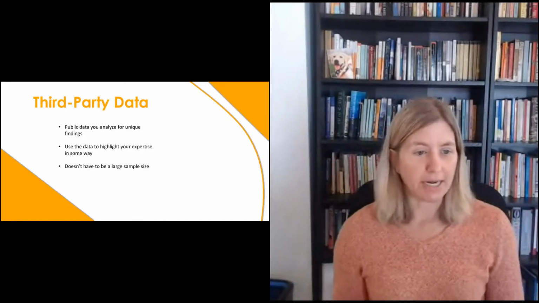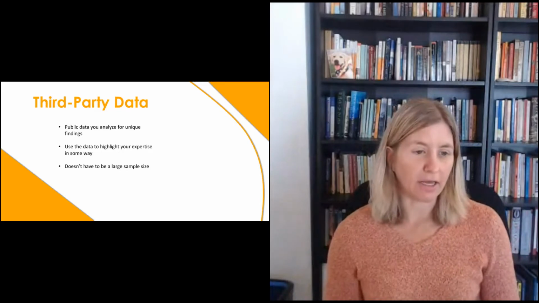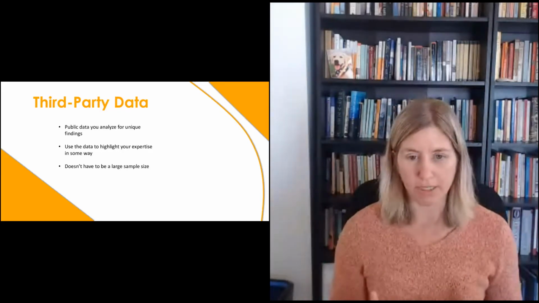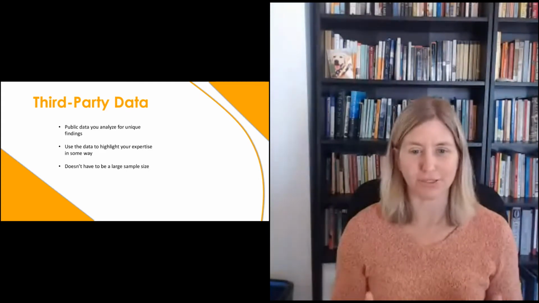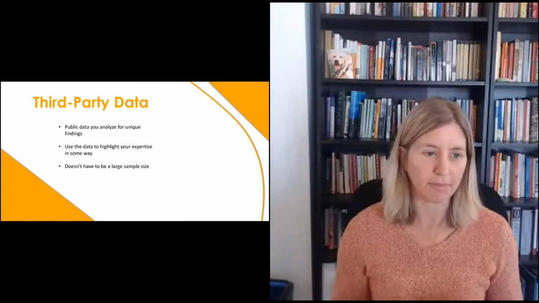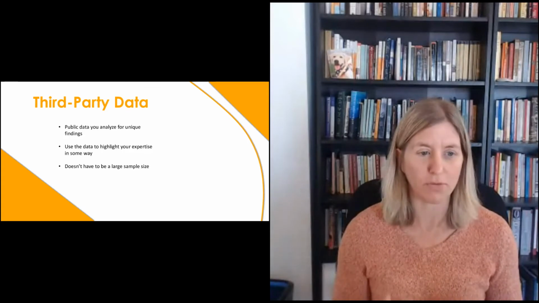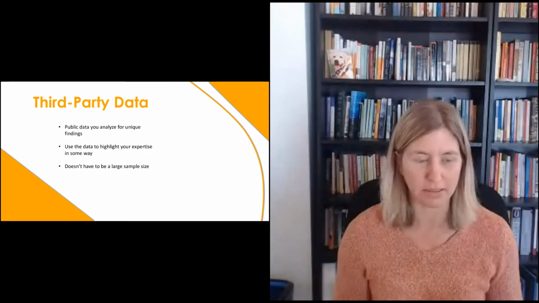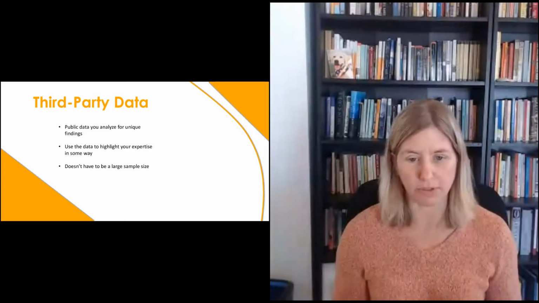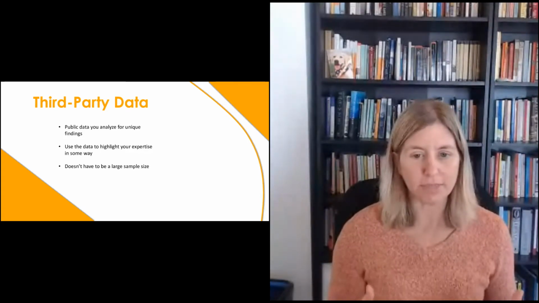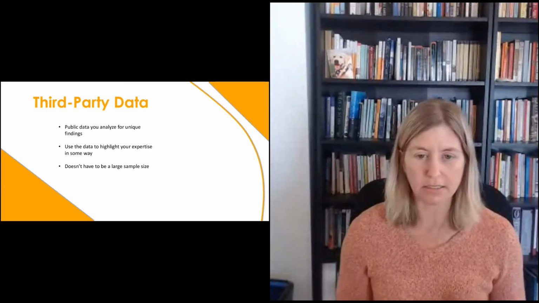So the next type of data you can use is third-party data. And when I'm talking about third-party data, I want to be clear, I'm not talking about going out and looking for statistics and using somebody else's original research in your content. I'm talking about using public data that you analyze for unique findings. And you want to use this data in a way that highlights your expertise. It doesn't have to be a large sample size.